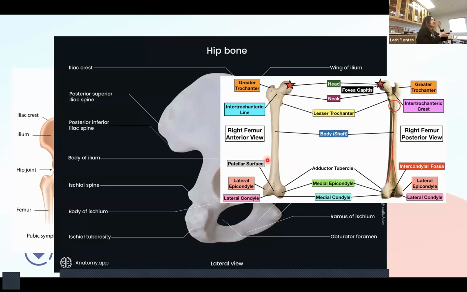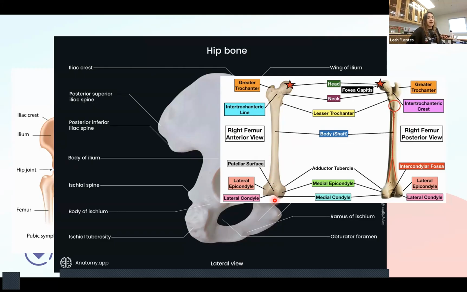Okay, and then the femur, not to be confused with the humerus because it always happens. This is going to be your anterior view. Big things from here, again, the greater trochanter, the head of the femur, the body, which is just the whole shaft. Your patellar surface, which is home for what bone?